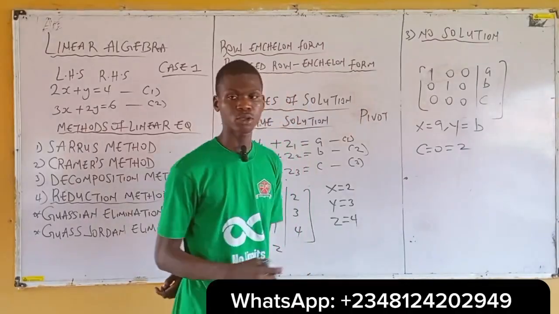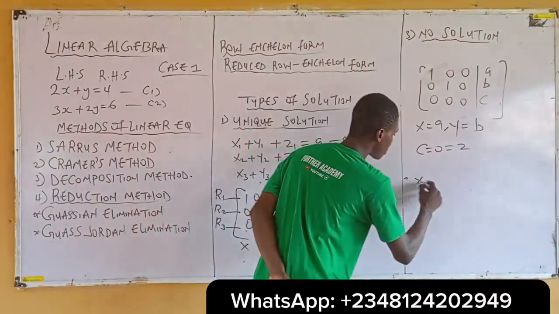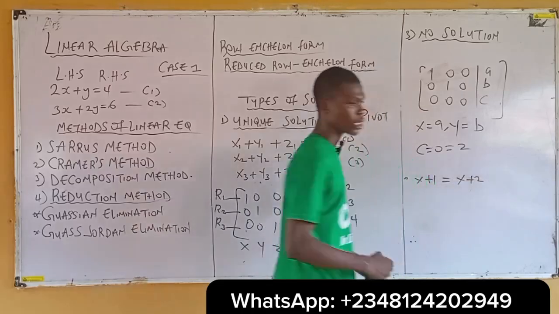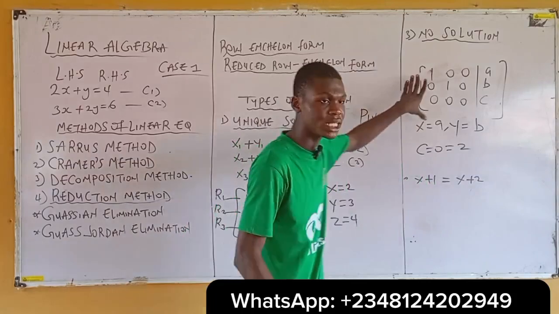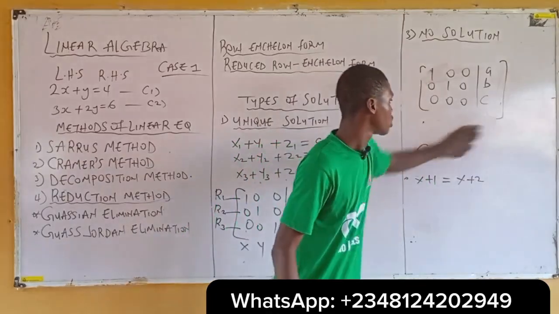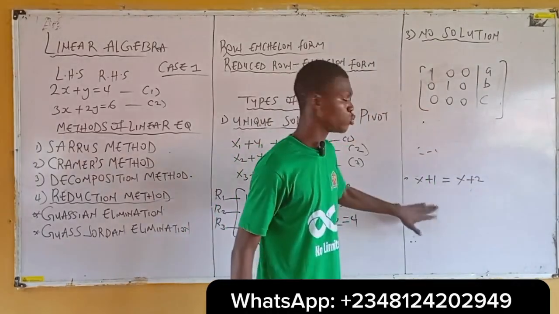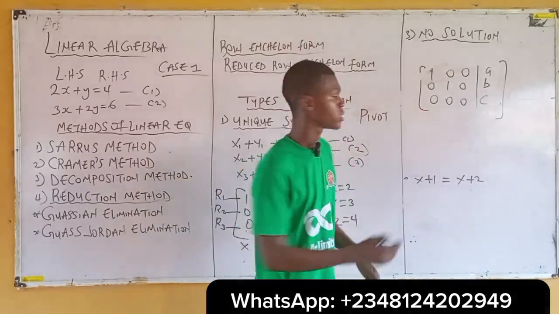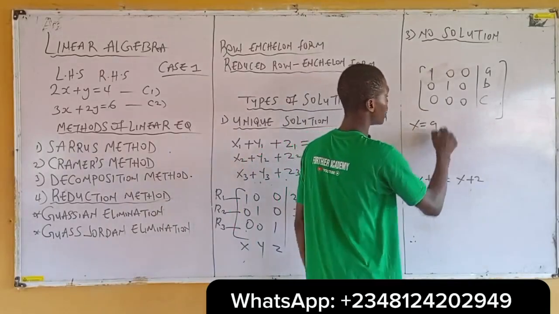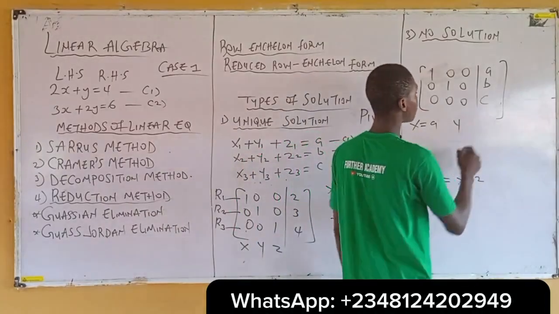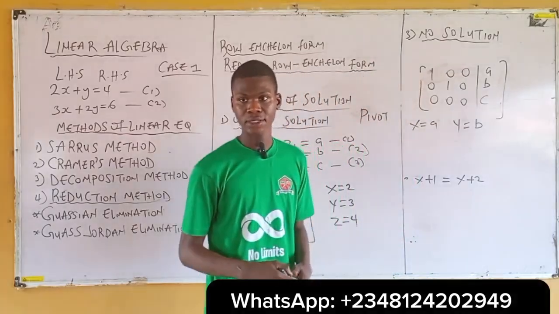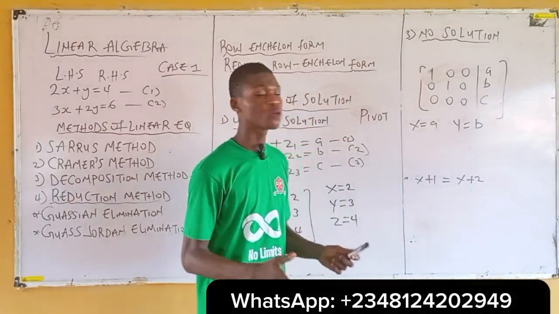The first equation was what? X plus 1 is equal to what? X plus 2. Now, what I'll be doing is that I want to relate this. We want to interpret this with respect to what we've done before. Now, in this case, what's the value of x? X equals what? A, right? What's the value of y? Y equals what? B. Now, what's the value of z? Z equals what?